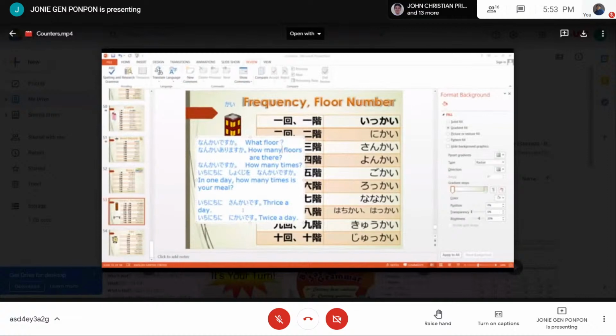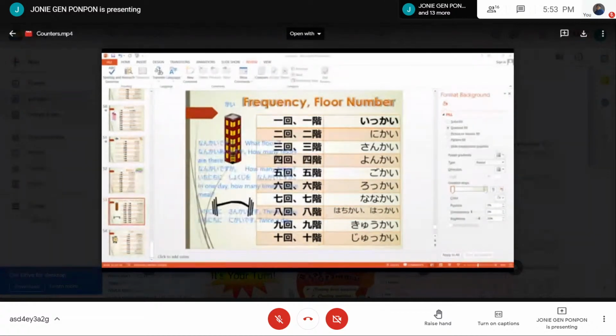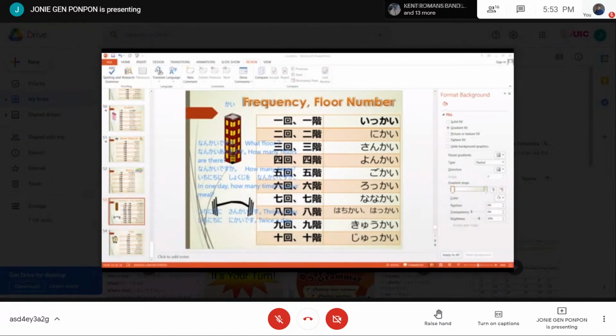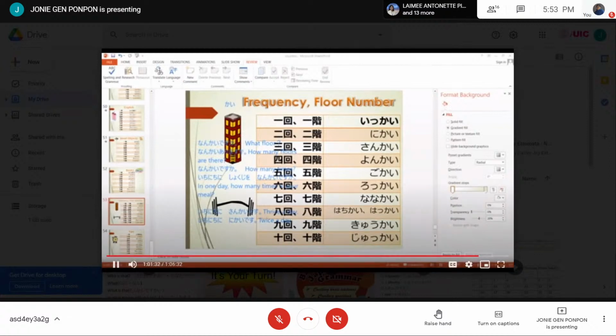So that's for the frequency and floor numbers. The same suffix, the kai. But they will differ only sa kanji. This is the kanji for the frequency kai, and then the kai for floor number.